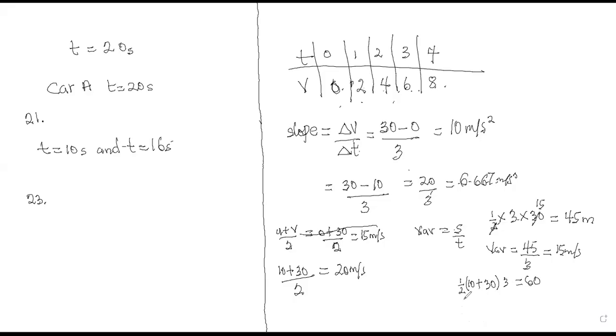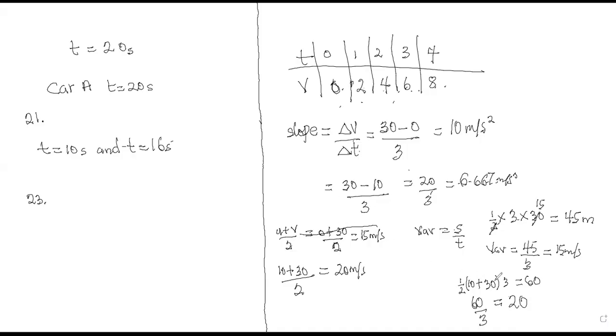That is the total distance. So 60 divided by 3. What is 60 divided by 3? 20, sir. Yes. And so it is also giving us the same value. Whichever way we look at the question, we must get the same answer.